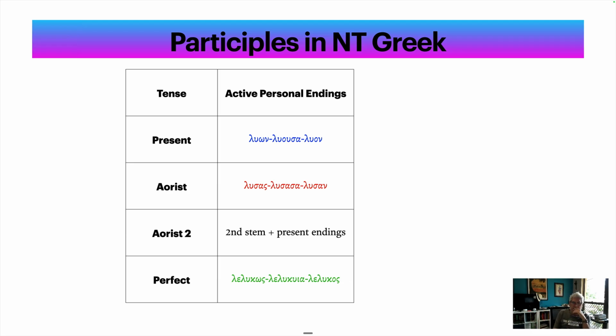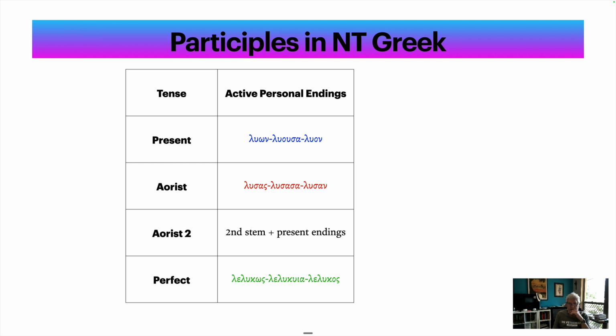In the aorist, same thing, but it's going to have that distinctive sigma alpha thumbprint for the aorist. The second aorist is going to use a different form of the verb stem, and for that reason it could simply use the present personal endings.